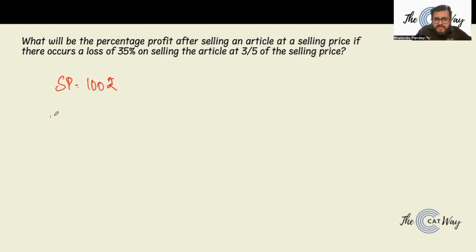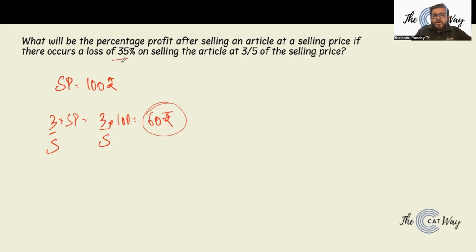If I'm selling at 3 by 5 of selling price, I'm simply selling it for 3 by 5 of 100. That is, I'm selling it for 60 rupees. And when I'm selling it for 60 rupees, I'm having a loss of 35%. So let's say that my cost price is X rupees. Now in that X rupees, a loss of 35% means the multiplying factor is 65%, which is 13 by 20.